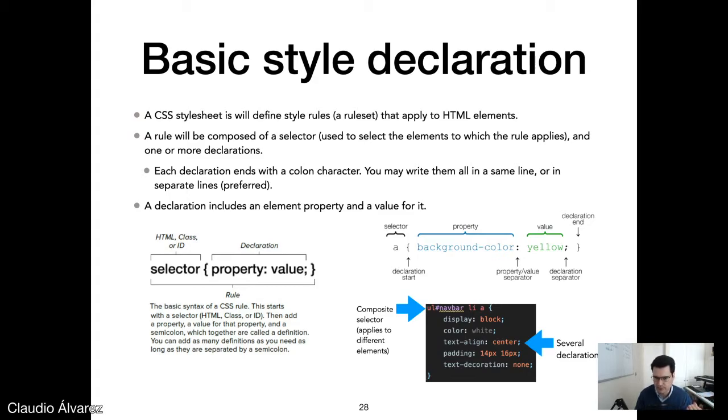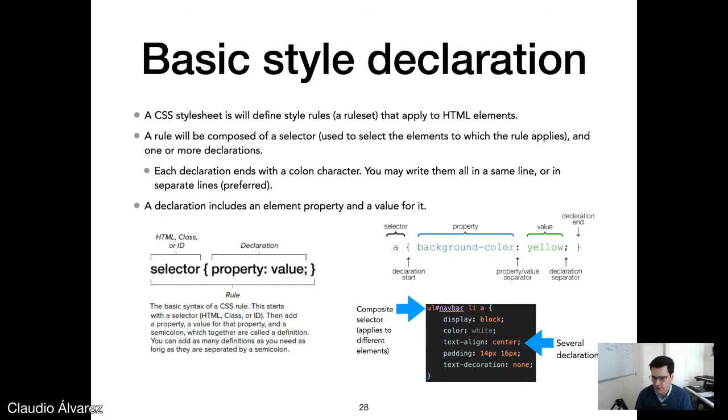The complete example, we could say, it's at the bottom right of this slide. You got an unordered list, which is intended for a navigation bar, and you got that the style applies to this unordered list, also to the list item, and also to the link that's within the navigation bar, right? So this applies to lists and links that are within the navigation bar.